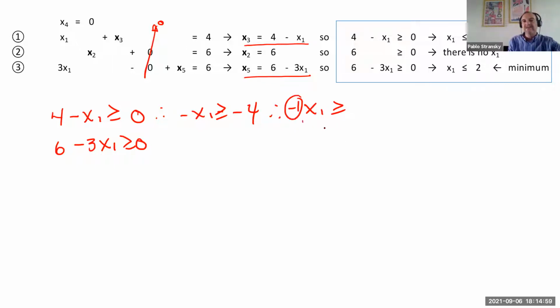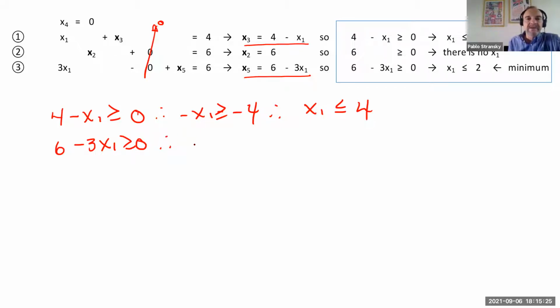This -1 is dividing, so we change the sign and it becomes -4 divided by -1. Minus and minus gives me the plus, and 4 divided by 1 is equal to 4. So x1 here is less than or equal to 4. Now, nice observation. Thank you.